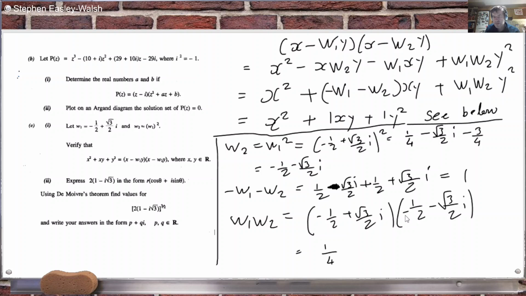And then it's the piece at the back. Minus minus makes a plus 3 over 4, which is 1 then. So we have to prove the 1 here. We've shown that that equals 1, and then we have to prove for the other coefficient as well. So that also equals 1.